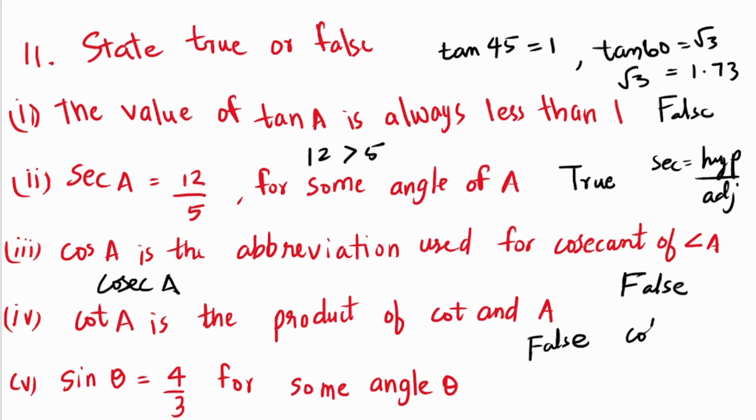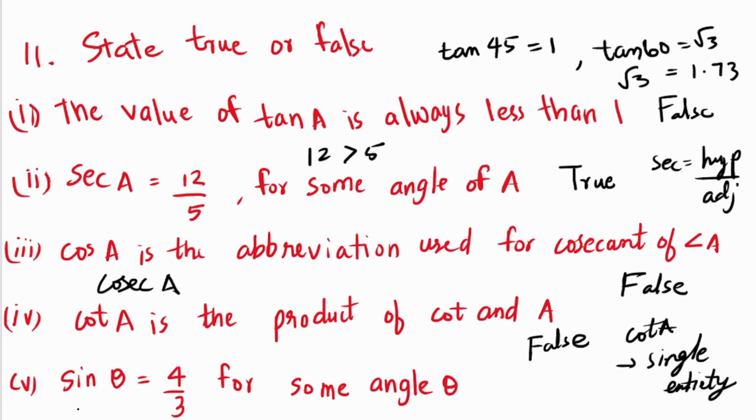Cot A is a single entity. In the beginning of the video, I've told that sine A means sine of angle A. It doesn't mean sine into angle A. It is explained in the beginning of the video.